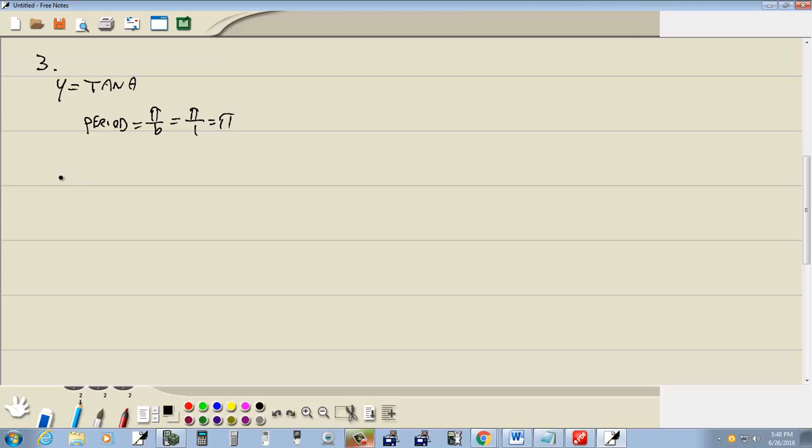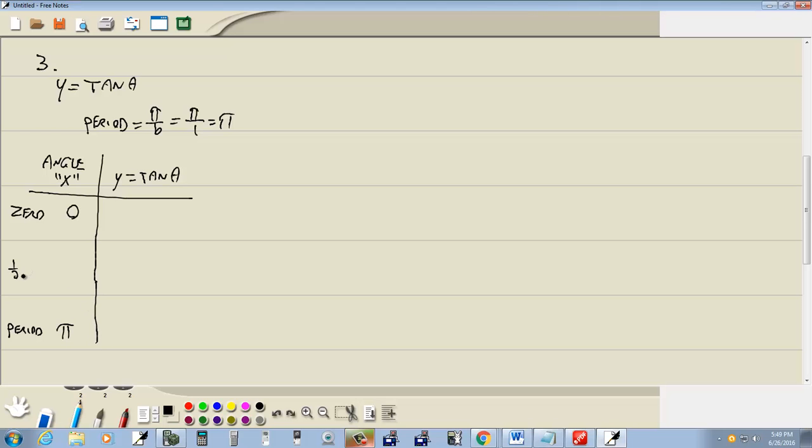And then I'm going to put my angle down here, which is going to correspond to our x value. And then we got y is equal to tangent theta. Now this will be 0, so that's 0. And this down here will be pi. That's our period.